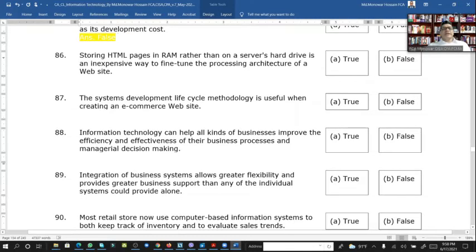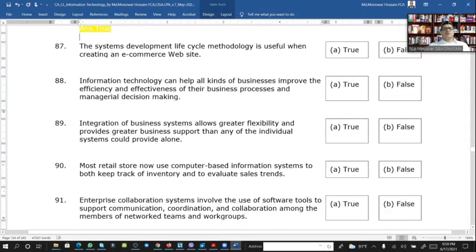Storing HTML pages in RAM rather than the server's hard drive is an inexpensive way to fine-tune the processing architecture of a website. It is true. The systems development lifecycle methodology is useful when creating an e-commerce website. It is true.